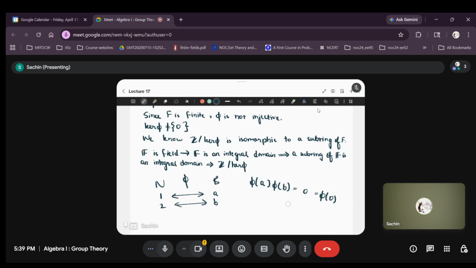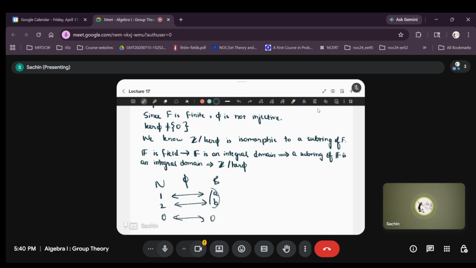Furthermore, 0 is equal to phi of 0. There is only one image for 0. The 0 here must be mapped to the 0 here. So this will force the condition that if A into B is 0 here, it means that A must be 0 or B must be 0. Then if 1 into 2 is 0 here, then 1 must be 0 or 2 must be 0.